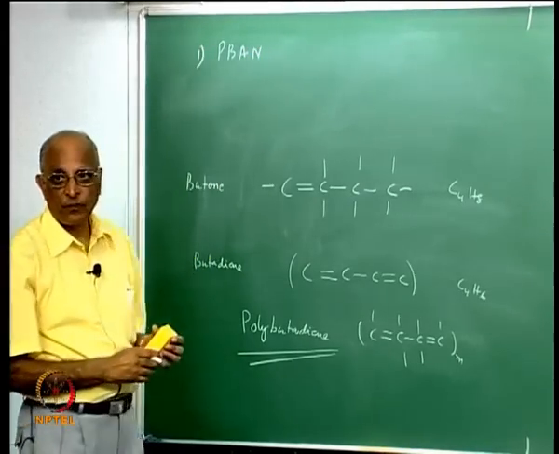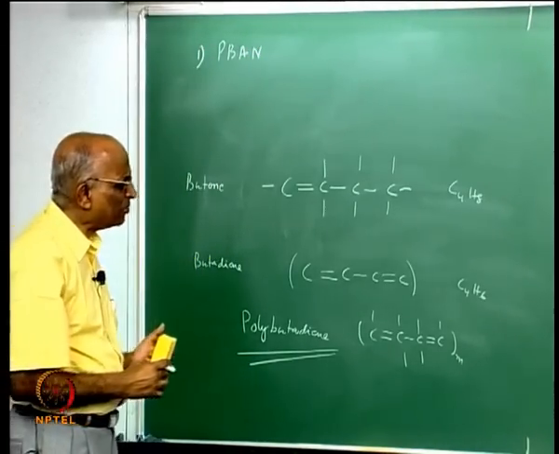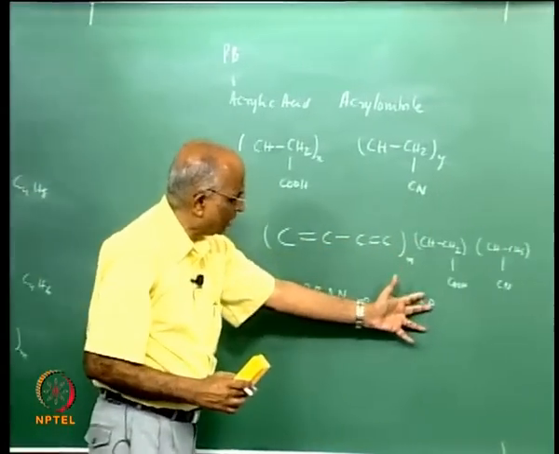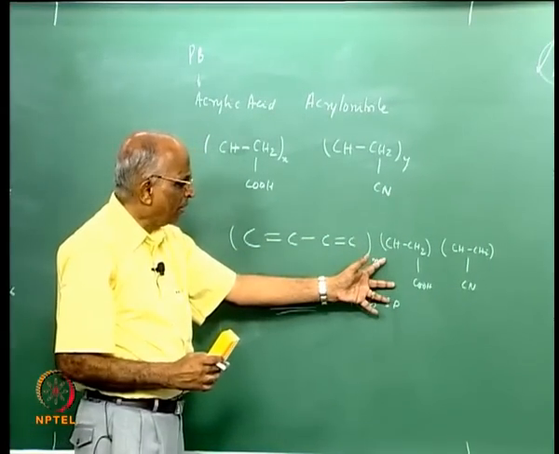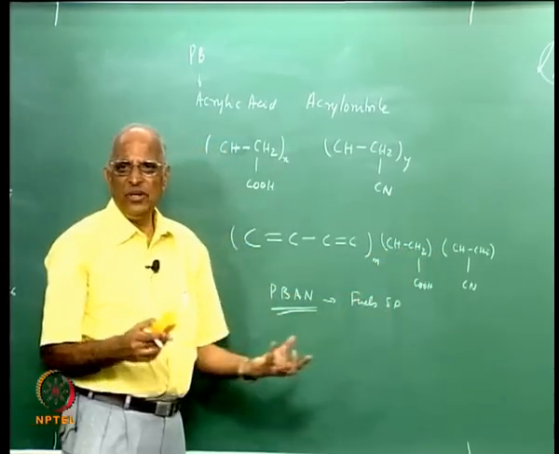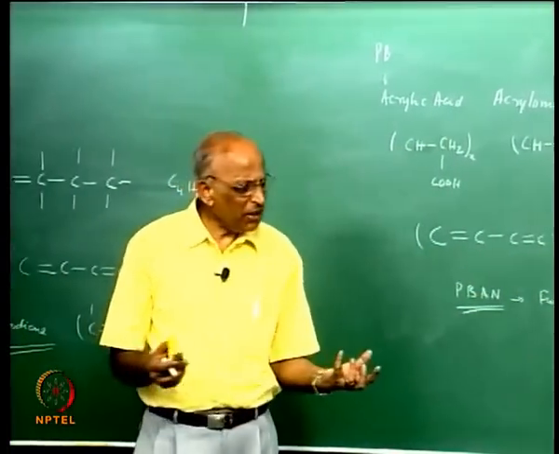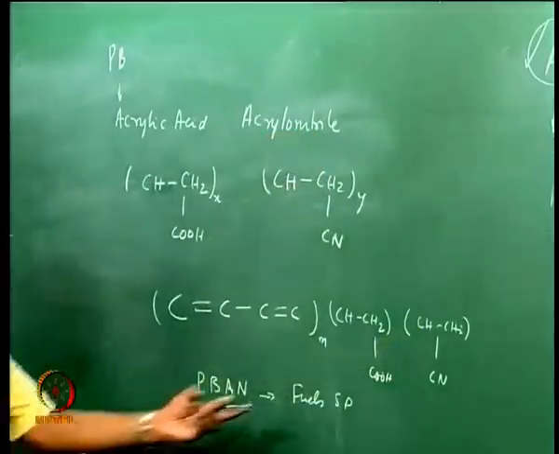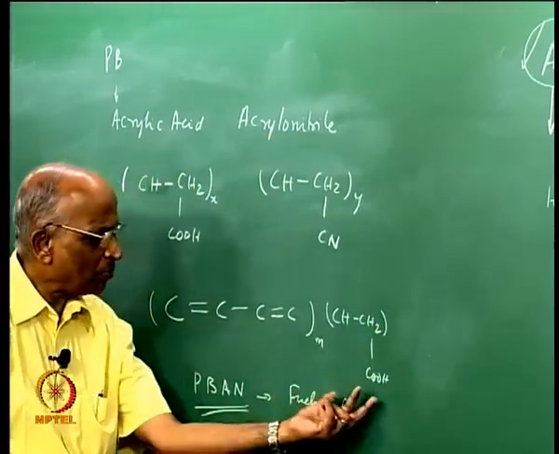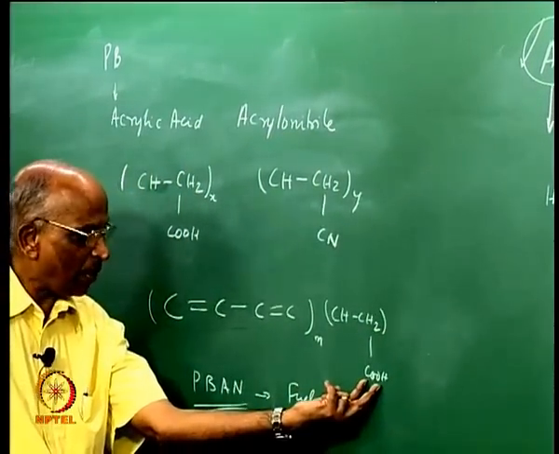See, PBAN is something which is sometimes hard, I have this cross linking by all these things, it tends to be hard. And second, I have a lot of carbon here, carbon has a heavier mass, and therefore is it possible to somehow get rid of nitrogen here, just substitute it by the carboxylic acid, namely the acid part of it.